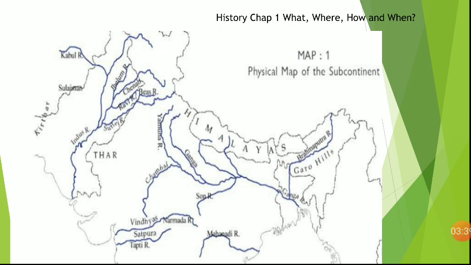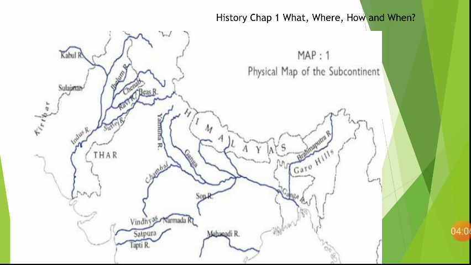A subcontinent is a part which is smaller than a continent, right? But it's bigger than a state, right? Here, India is also referred to as a subcontinent as it is very, very large and is separated from the rest of Asia by seas, hills, and mountains.